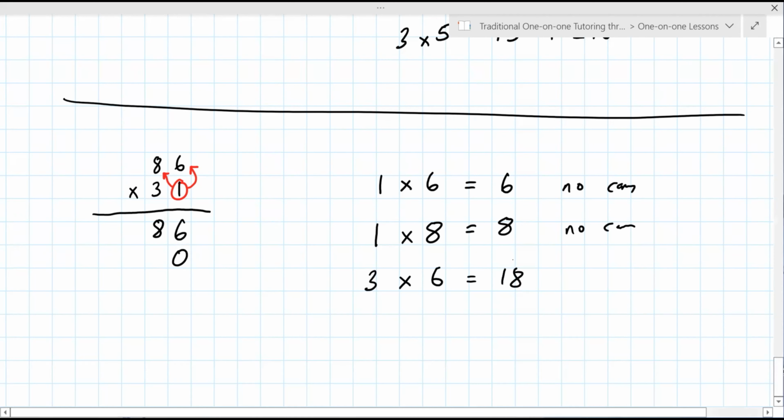So you put an 8 with a carry of 1. Now you take the 3 and multiply it by the other number, which is 8. Do you see how the 1 gets multiplied by 6 and 8, and then the 3 gets multiplied by 6 and 8? That always happens. You always take the lower right number and multiply it by the top numbers, then the next number to it, 3, and multiply by the top numbers, and so on.